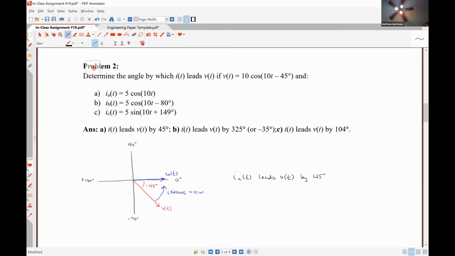So I'm going to erase this. And now let's look at I_B of t. I'm going to ask you guys some questions. So let's see, I_B of t is with an angle of negative 80 degrees. So it's going to be over here.